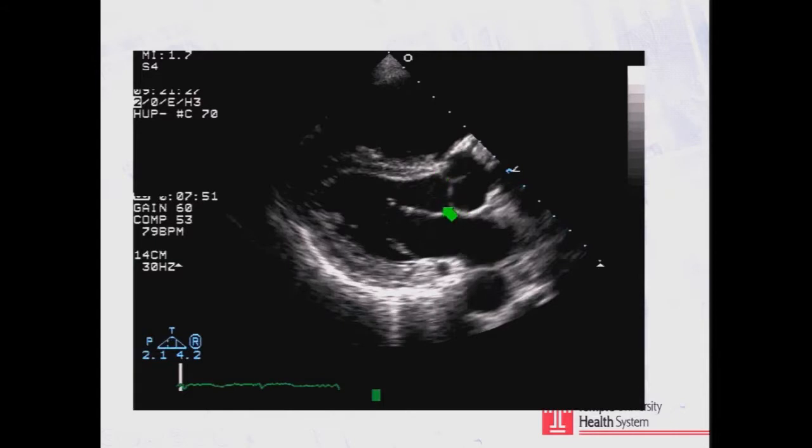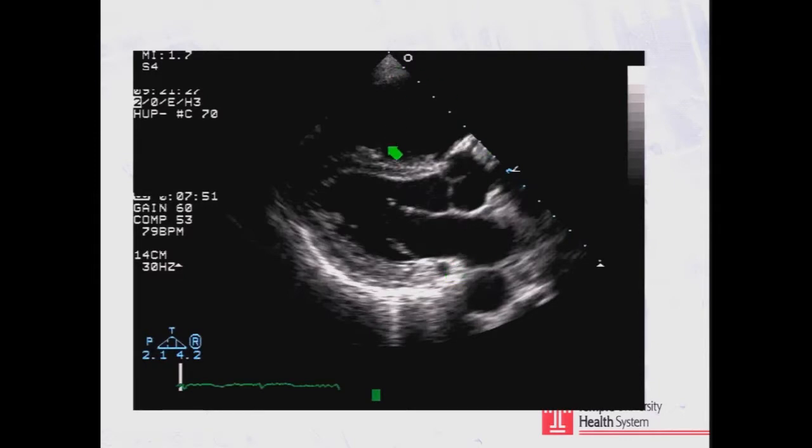The LVOT maximal dimension needs a little transducer rotation, and the apex is foreshortened. But I show this to remind you, again, of the descending thoracic aorta. This is the AV groove, and that's the coronary sinus. So that's a mildly dilated coronary sinus.